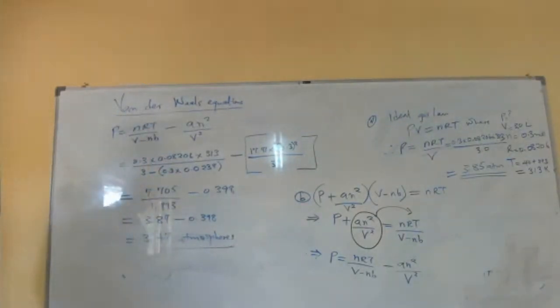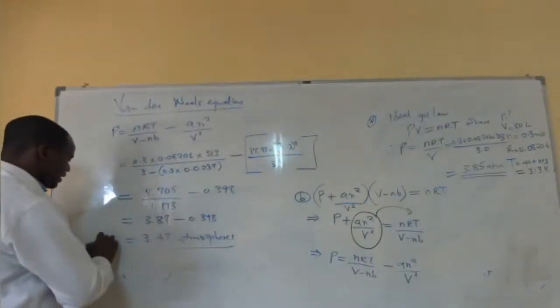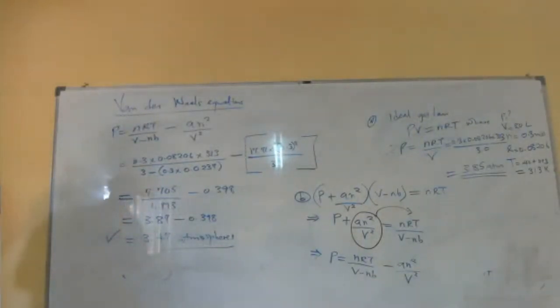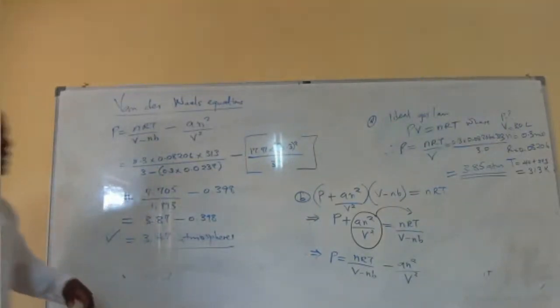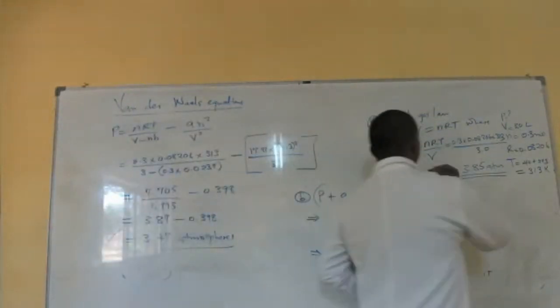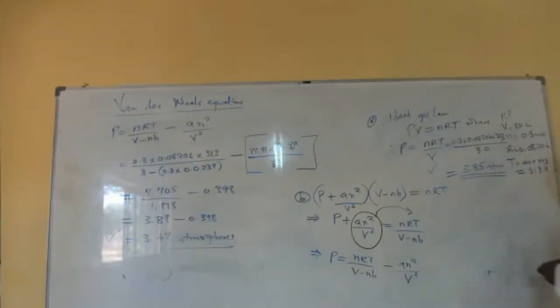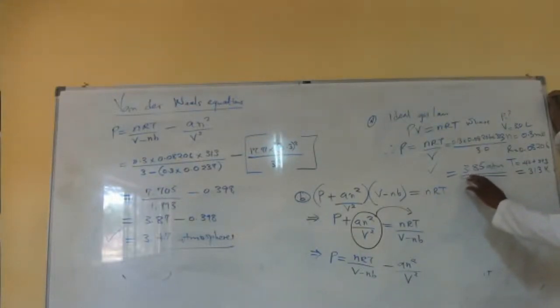Okay, or atm. Now, when you compare the pressures that you have calculated, using the ideal gas equation and the van der Waals equation, you can see that the ideal gas equation gives you a pressure which is much higher than what you get when you correct using the van der Waals equation.